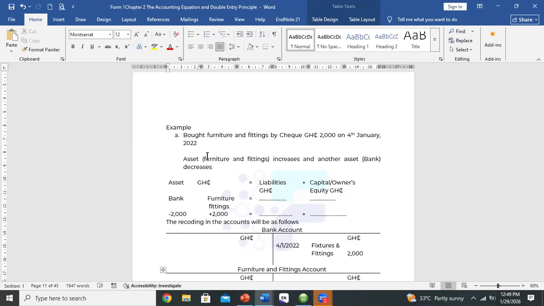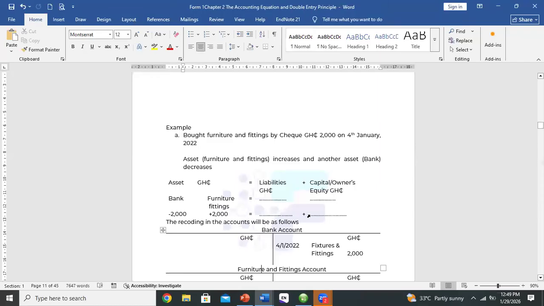In terms of the effect, the furniture will increase because the business is getting more furniture, and bank will decrease because we are making payment. So if you apply the double entry principle, furniture, an asset, is increasing, so we will debit furniture. Bank, another asset, is decreasing, so we'll credit bank.